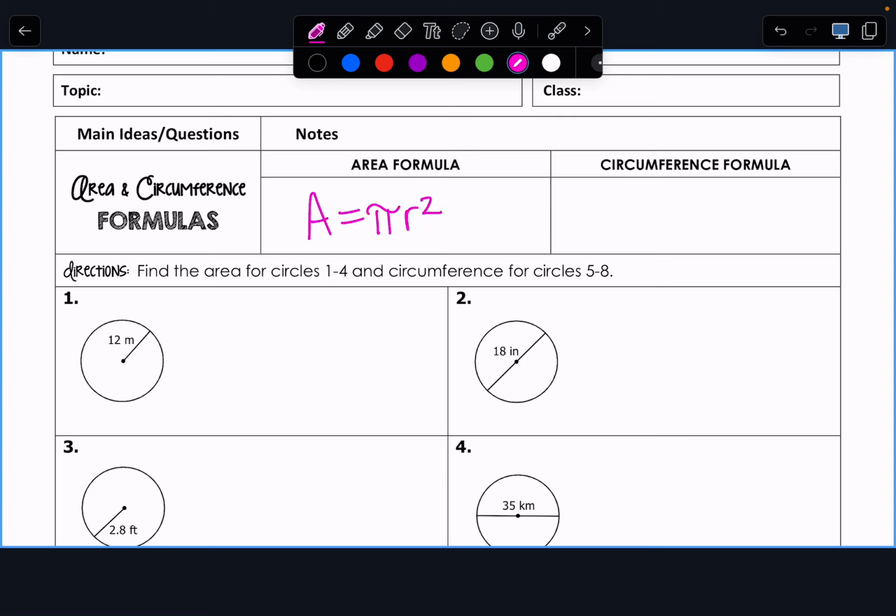And what I want everybody to do is look for the pi button on their calculator. Okay, look over here. The pi button is to the left of sine. Do you see it? Did you find it?